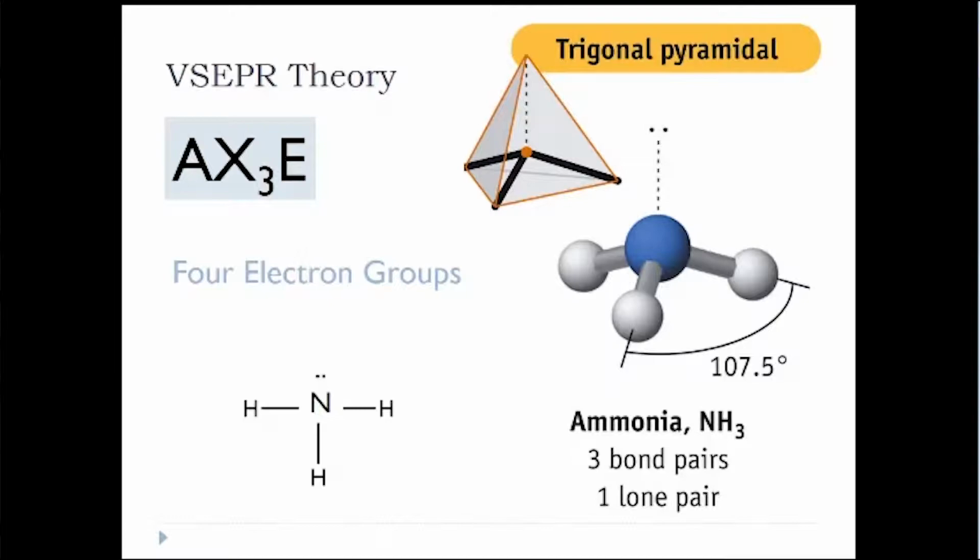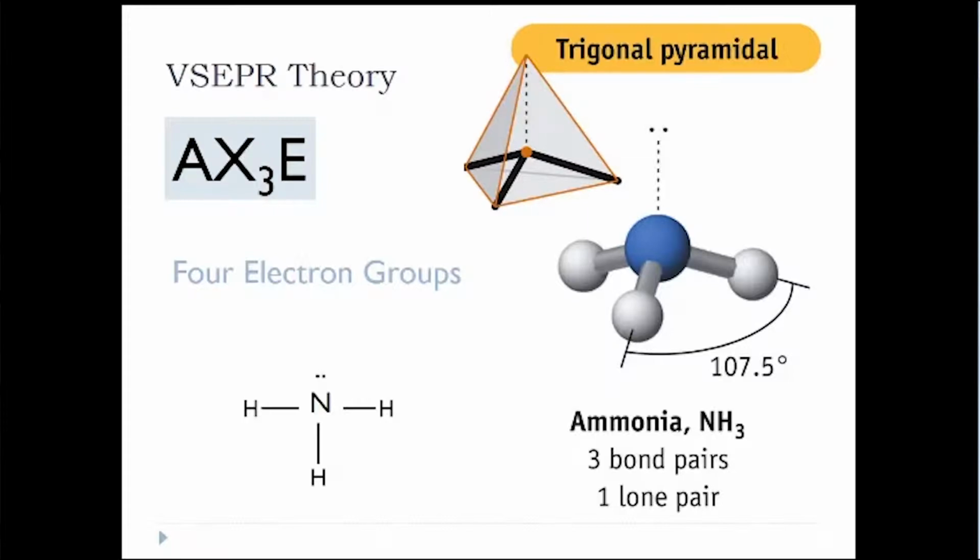So even though the shape doesn't include the lone pairs, those lone pairs still require their own space. They still need to be as far away from the other electrons as possible. So their presence must be taken into account when determining the geometry.